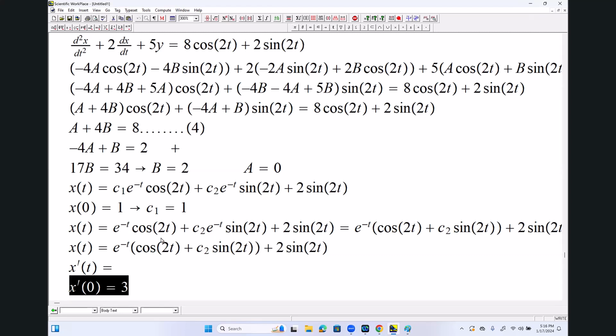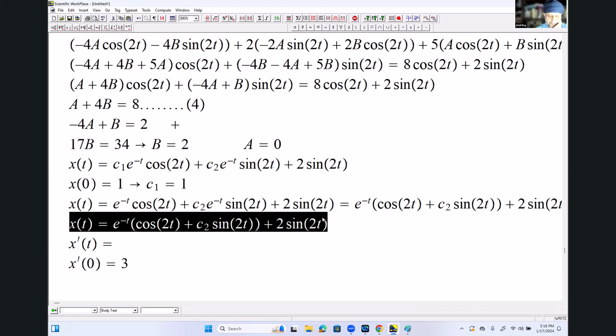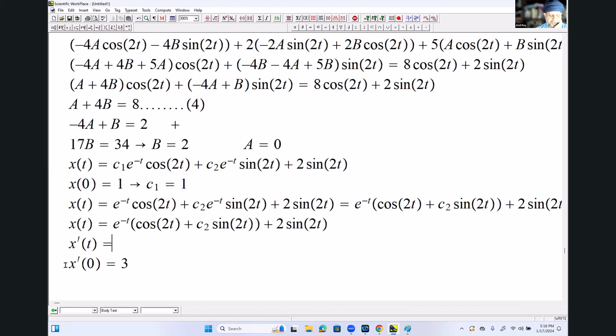So I took e to the negative t as a common factor, but then I just started rushing and was going to use this guy x prime 0 equals 3 right in here, which would be bad, right? Like I have to differentiate it before I can use this, right? So that's what I was saying. That was a very thoughtless thing on my part.